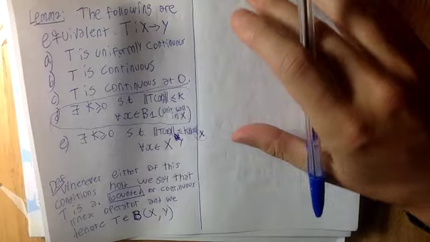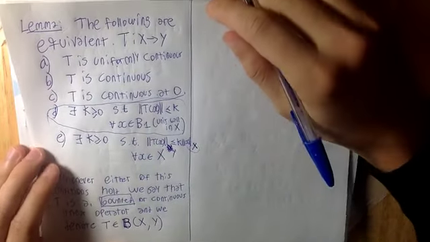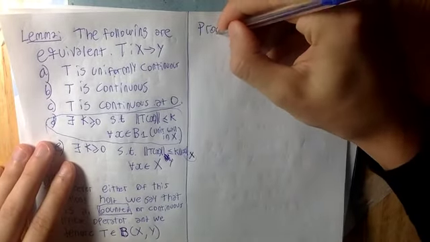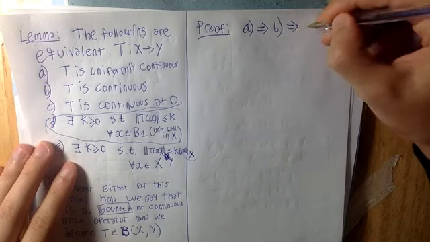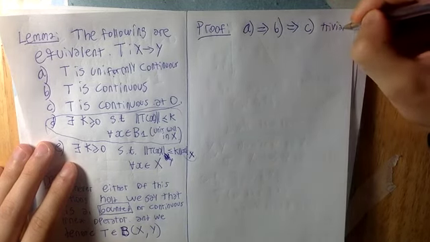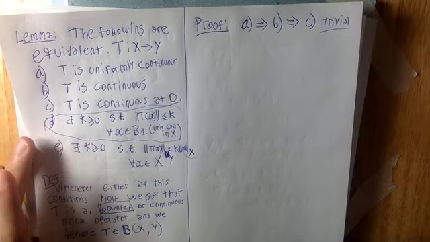Okay, so let's prove the theorem. A implies B implies C is quite trivial. This follows just by the definitions.